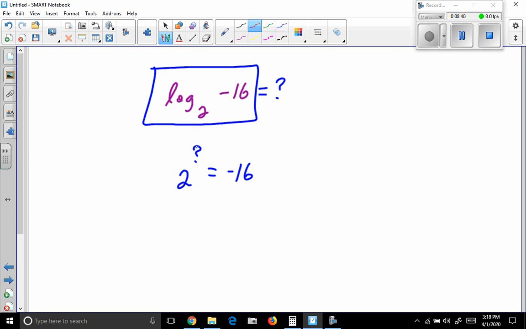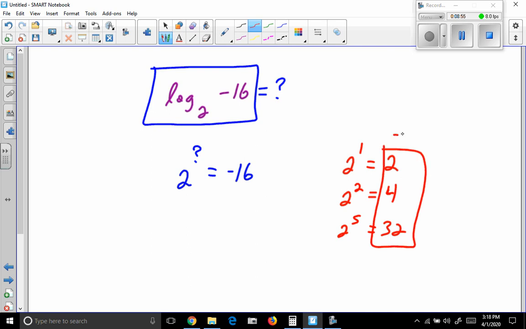So we're looking for what power of 2 makes negative 16. Well, if I do 2 to a positive power, like a positive 1, or a positive 2, or a positive 5, I get numbers that are all positive. What about if I use a negative exponent? If our exponent is negative, we get like 1/2, 1/4, 1/32.